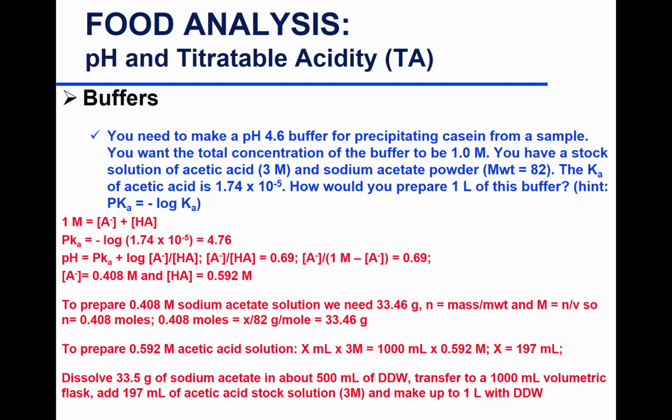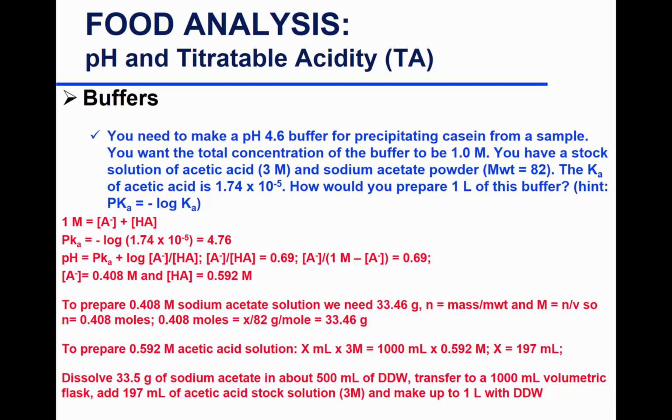Then you substitute so that you're solving for one value. Let's say in this case we're solving for the conjugate base. So the conjugate base over 1 molar minus the concentration of conjugate base is actually the concentration of the acid.